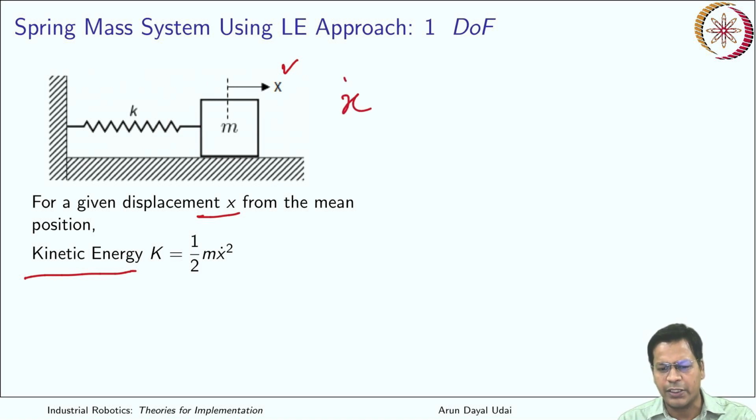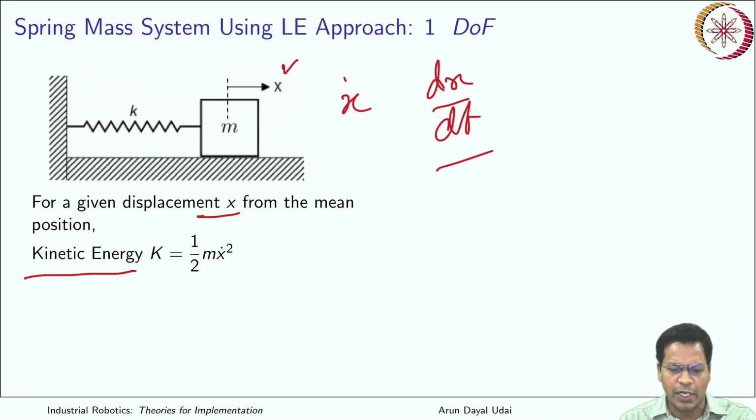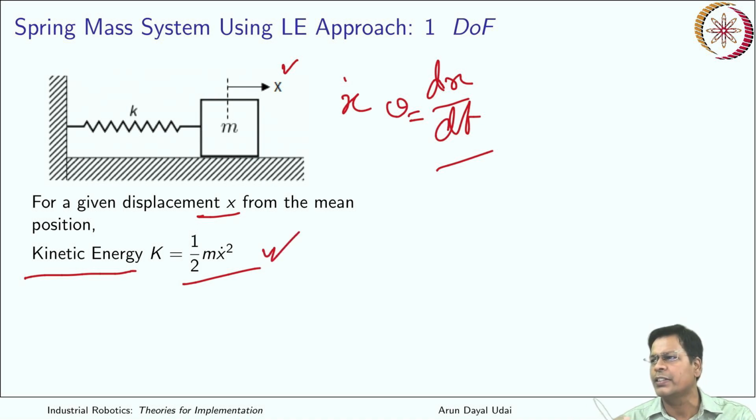X dot is nothing but the derivative of x with respect to time. So kinetic energy will be 1 by 2 m v square, so it is 1 by 2 m x dot square. This is the kinetic energy at any instant of time.